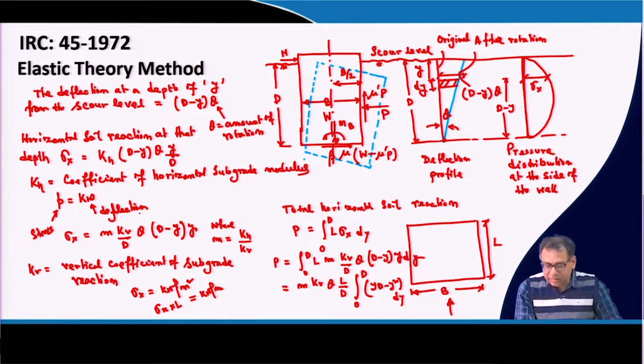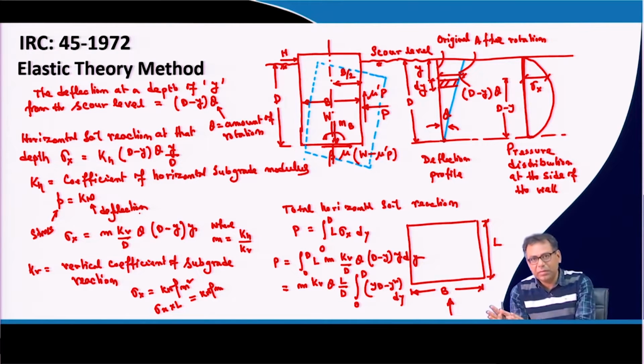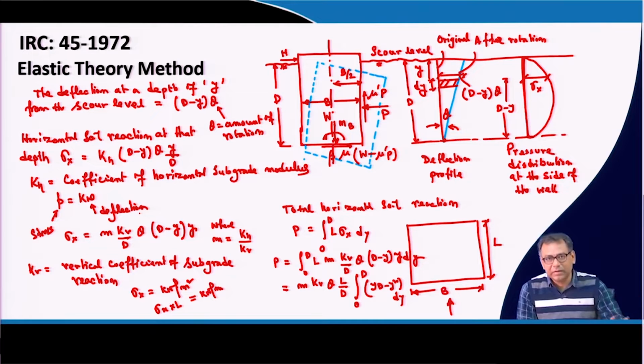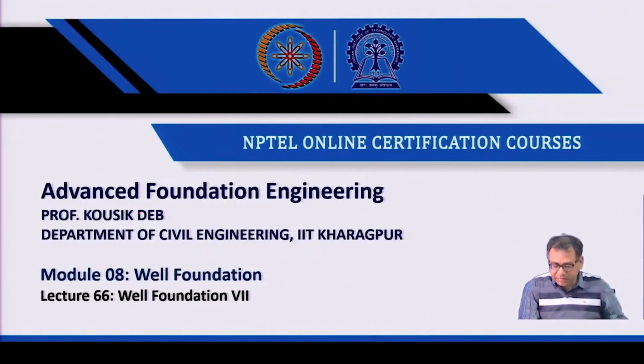That means there is soil on both sides, so one side will be passive and the other side will be active, similar to what I discussed during Terzaghi's analysis. Here the right side will be the passive condition and the left side will be the active condition.